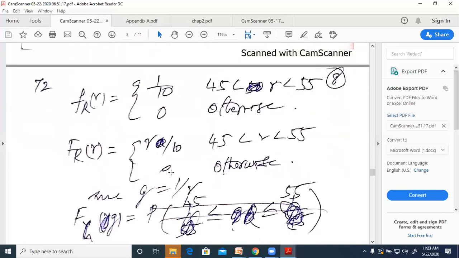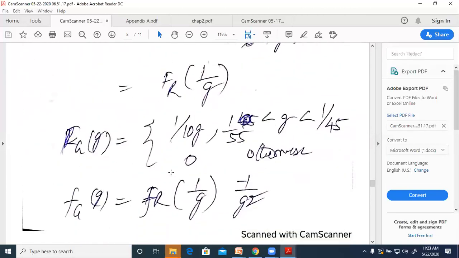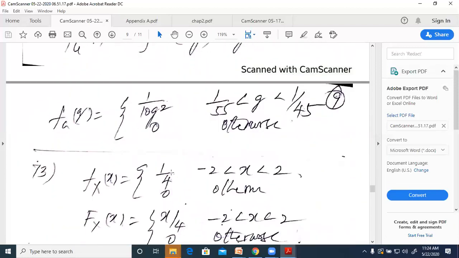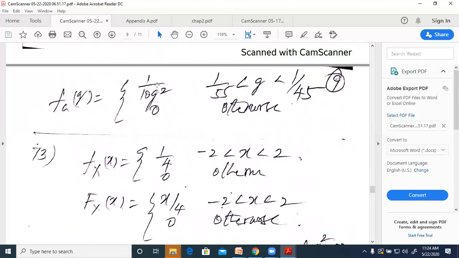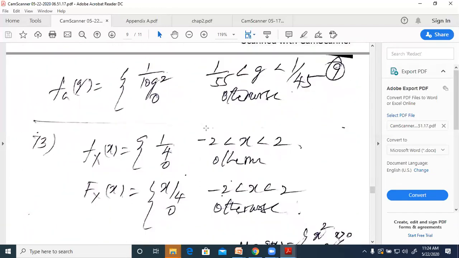It was 1 by 10, and now that quantity 1 by 10 will come into picture, and therefore we'll get 1 by 10 g squared. This quantity is 1 by 10, and this is 1 by g squared, and hence that will be 1 by 10 g squared within this range and 0 otherwise. Okay.